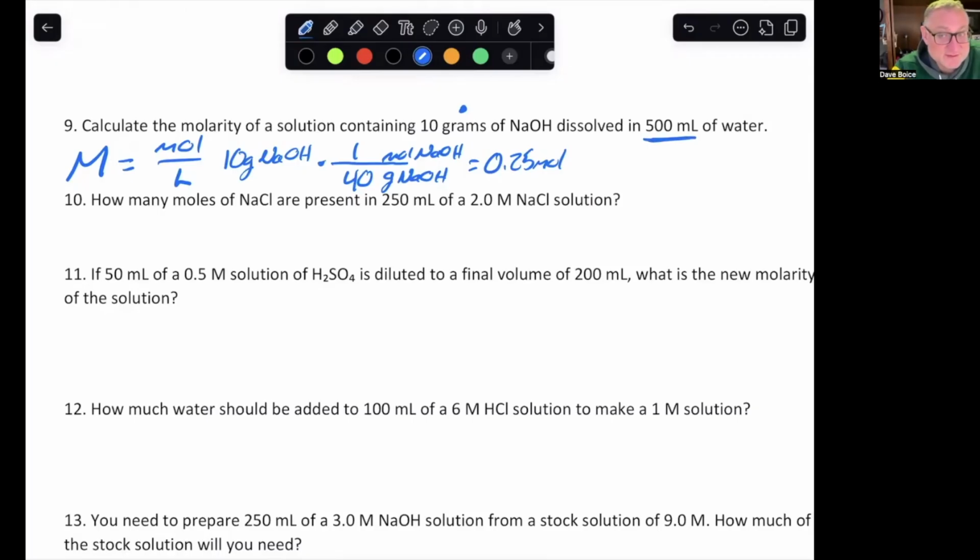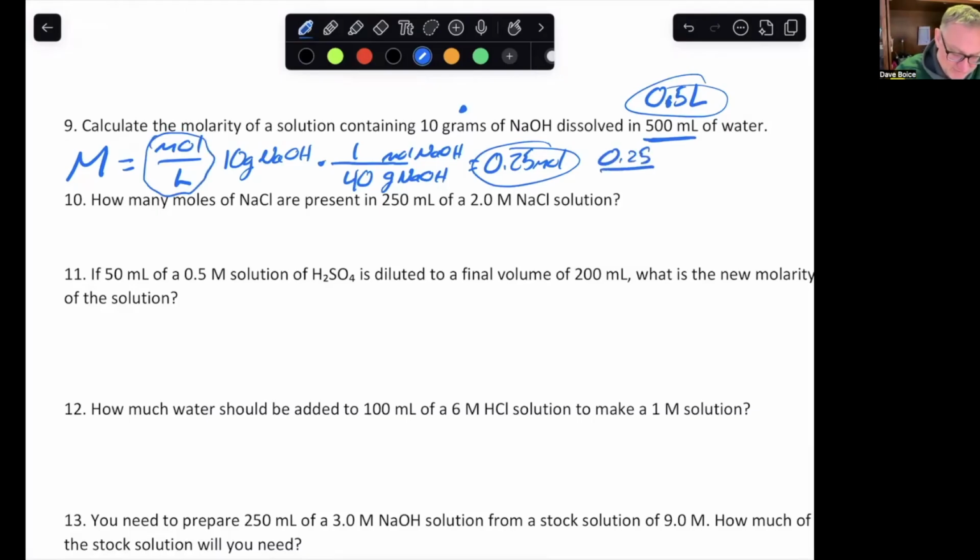Okay. And 500 milliliters, that's not a liter, right? There's 1,000 milliliters in 1 liter. So 500 is going to be 1/2 or 0.5 liters. But now that I've got both liters and moles, since molarity equals moles over liter, I can do this as 0.25 divided by 0.5.